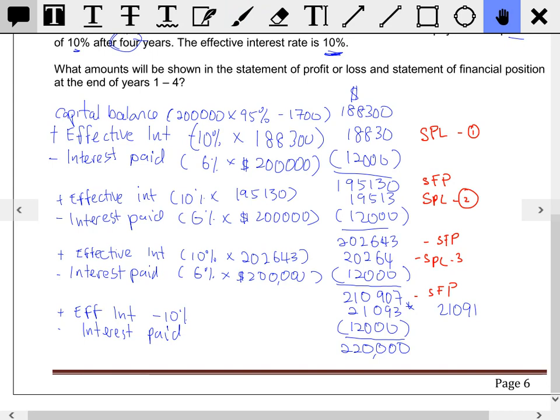Start with capital balance. How much? How much?